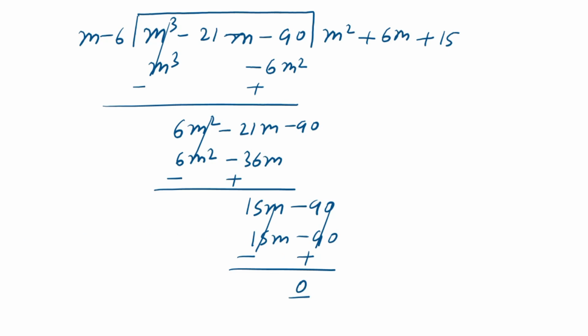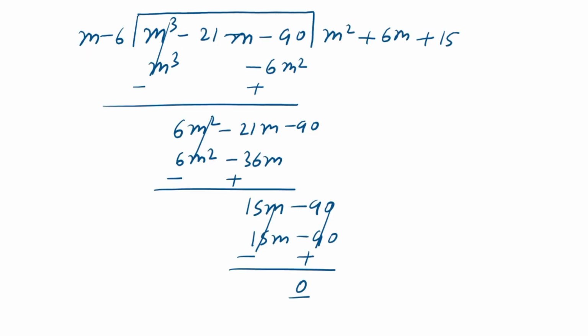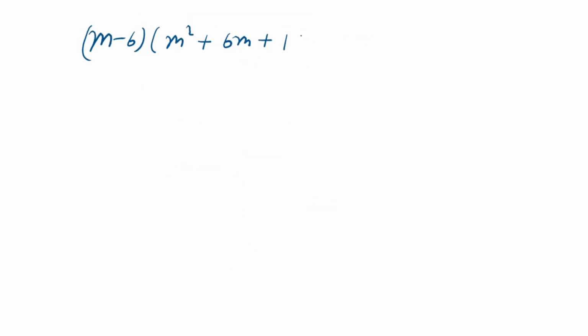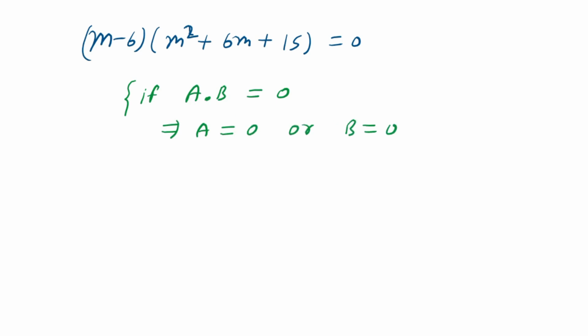Now the factorization of this cubic equation is m minus 6 multiplied by m square plus 6m plus 15, and this equals 0. Now we will apply this rule: if a into b equals 0, this implies a equals 0 or b equals 0.